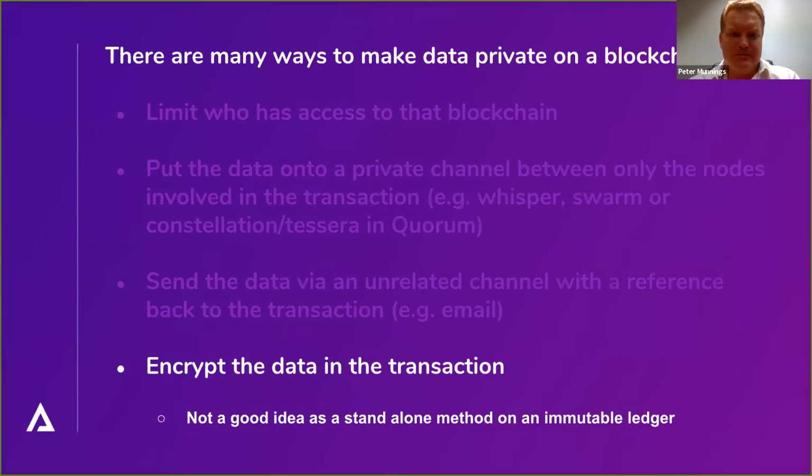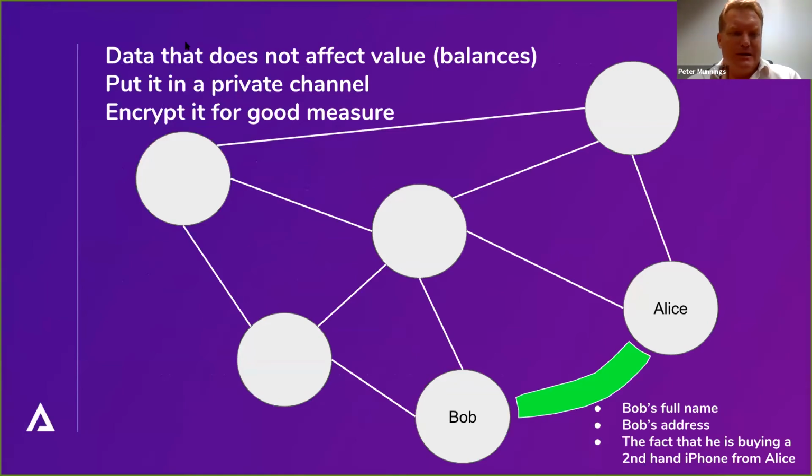So what I'm going to say up front is the data that does not affect the value, the balances, the transaction amounts, anything that doesn't affect the value transfer, so all the personal data, any metadata associated with that transaction.